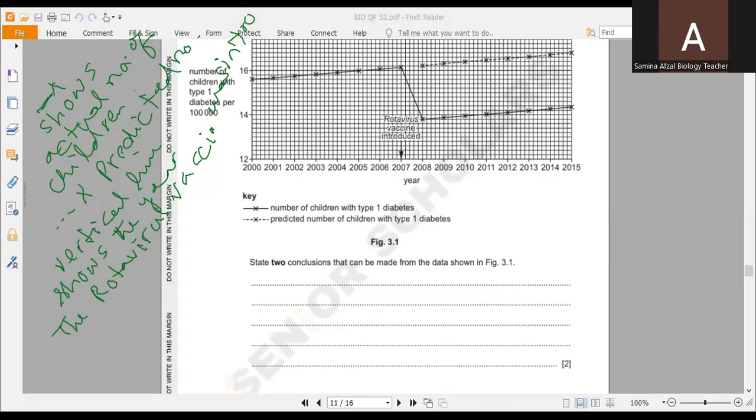The first conclusion is that the actual number of children aged 0 to 4 years with type 1 diabetes per 100,000 appears to have decreased compared to the predicted number if the vaccine had not been introduced. So the first conclusion is this.